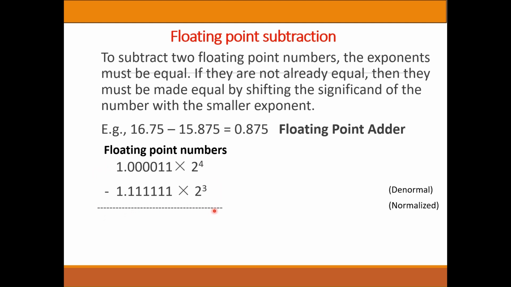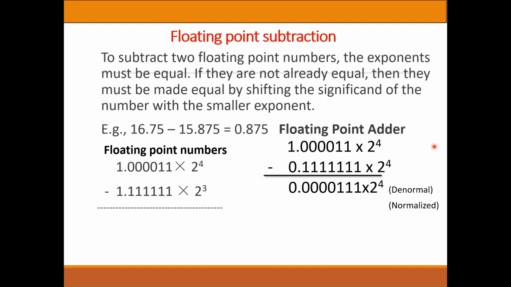Now we are going to see how the floating point adder will handle them. This is the smaller number. Its exponent is made equal to that of the first number. For doing that, you see this significand part has changed. And now we can align the binary point and do the subtraction.